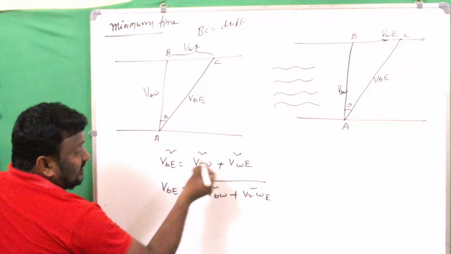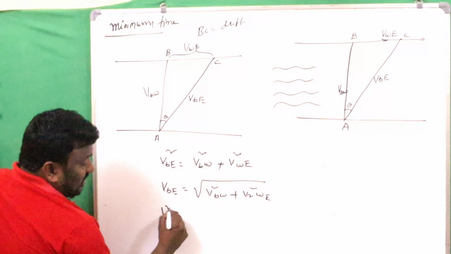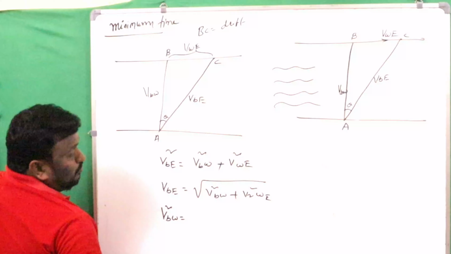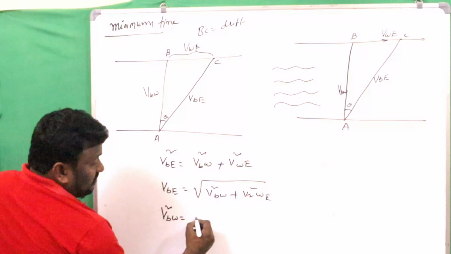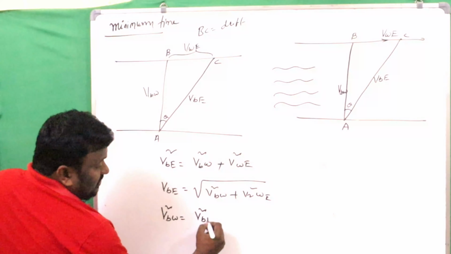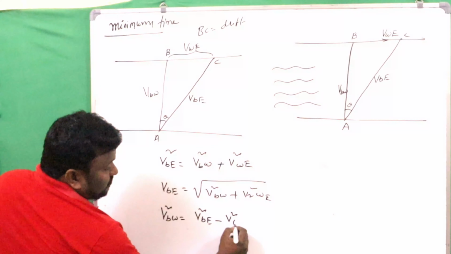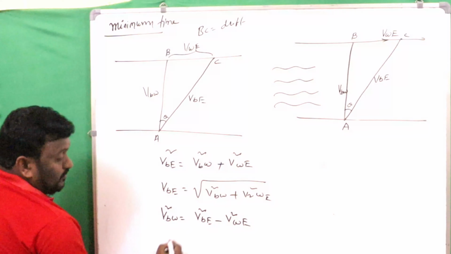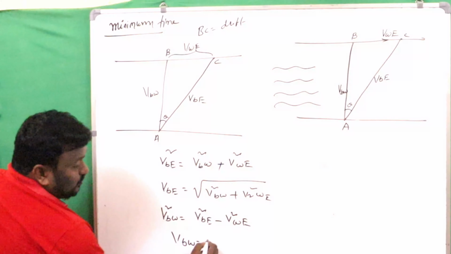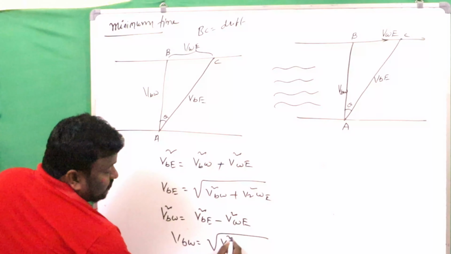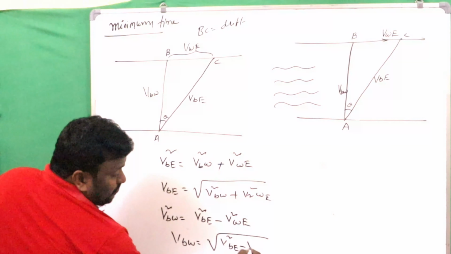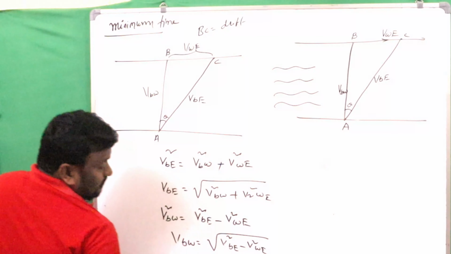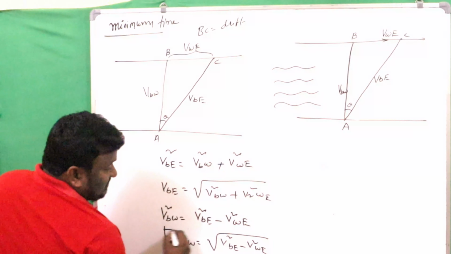Again from the same formula, V square BW is equals to V square BE minus V square WE. Then VBW is equals to under root of V square BE minus V square WE. So we can write like this.